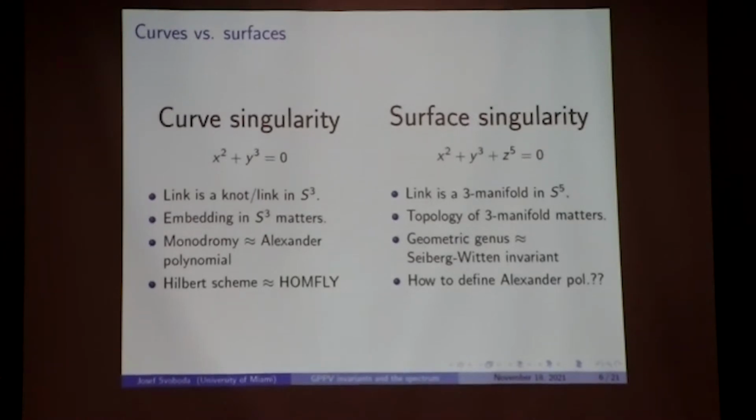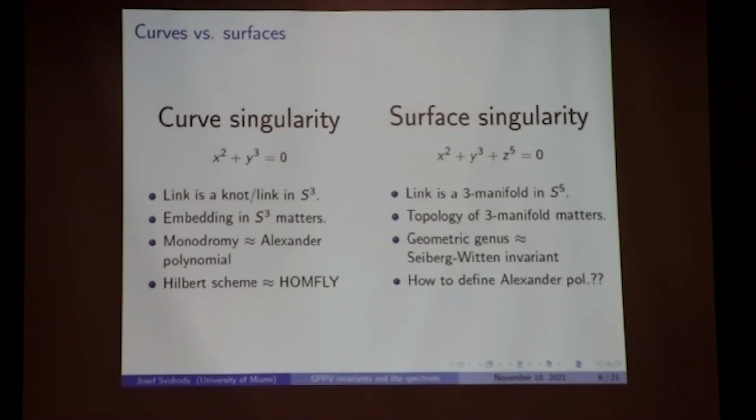We can define the Alexander polynomial of this knot, and it's actually the characteristic polynomial of this monodromy transformation. So this is basically the same information: eigenvalues of monodromy or roots of the Alexander polynomial. And we can go further.